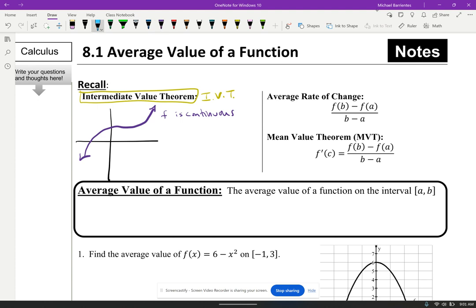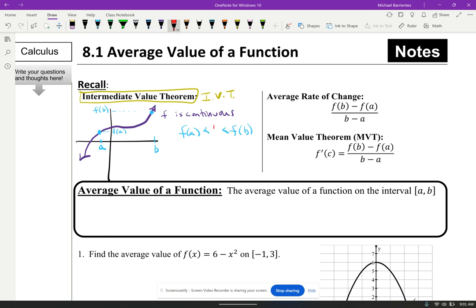If I choose an x value starting point and I call it a, and I choose an ending x value and I call it b, I'm talking about this interval between a and b. a has an output, or a y coordinate, of f of a, and b has an output called f of b. So what the intermediate value theorem says, if I choose a value that's between those values.